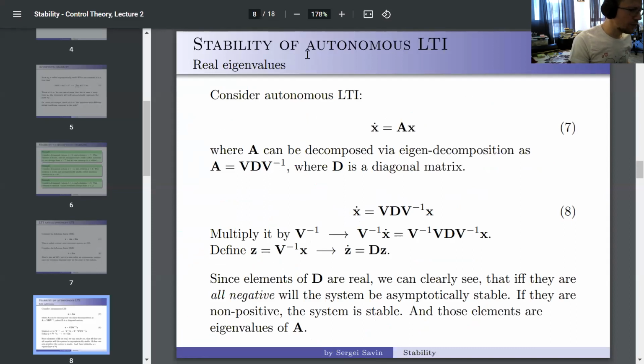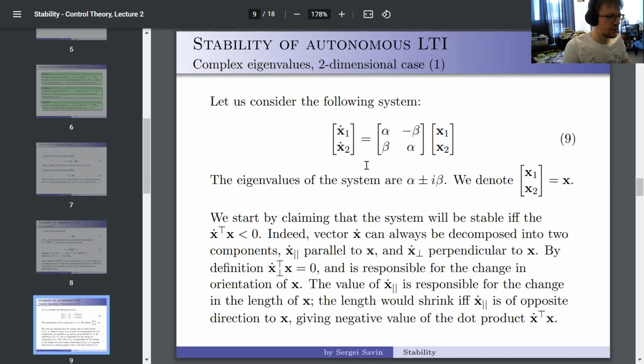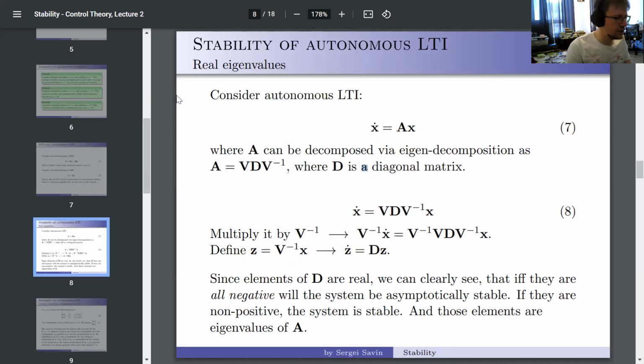Okay. Any more questions regarding what we saw on the slide? Let me now try to summarize what we achieved by this exercise. The summary is that for systems with real eigenvalues, the criterion of stability is that the eigenvalues are negative.